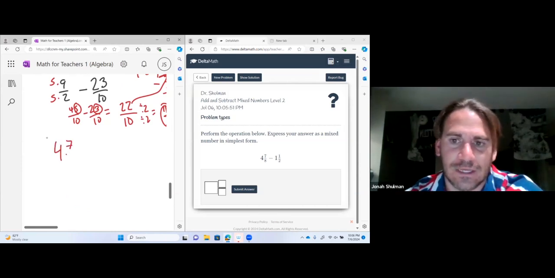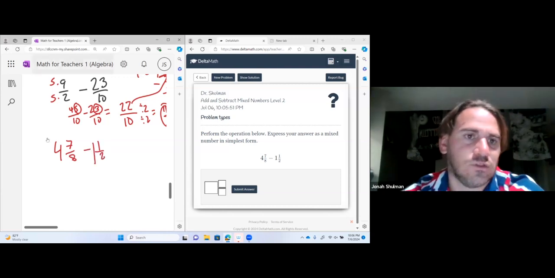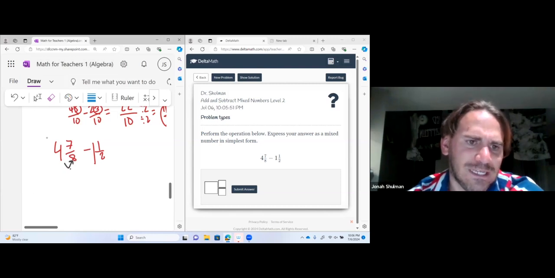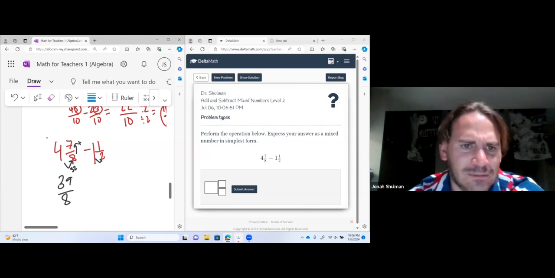So 4 7/8 minus 1 1/2. So the first step we want to do is change this into an improper fraction. 4 times 8 is 32, plus 7 is going to be 39/8. 1 times 2 is 2, plus 1, so that's minus 3/2.